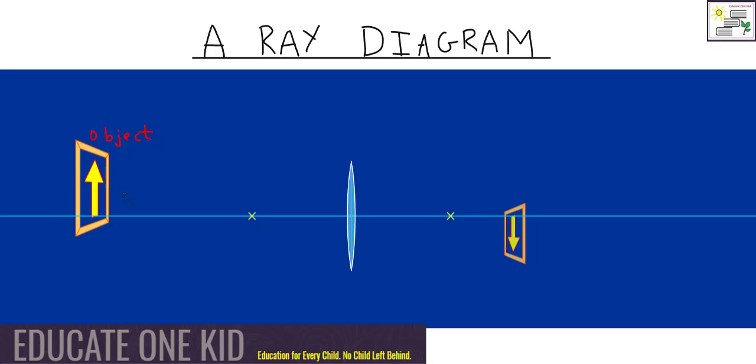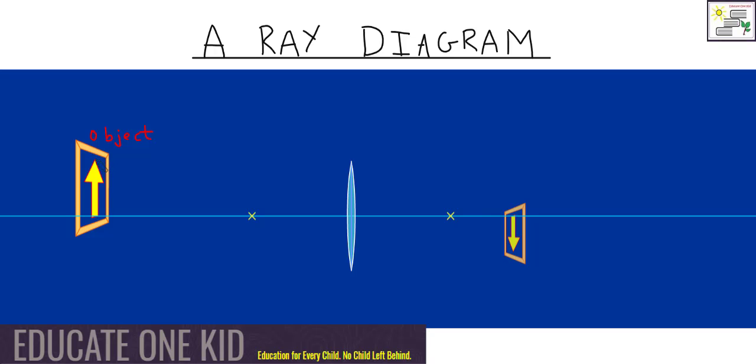Okay, an arrow which is pointing up. And what we are interested in is the light rays that start from the top of the arrow. What will happen to those rays once they pass through the lens? To answer this, we need to use the concepts that we have covered so far in this video.